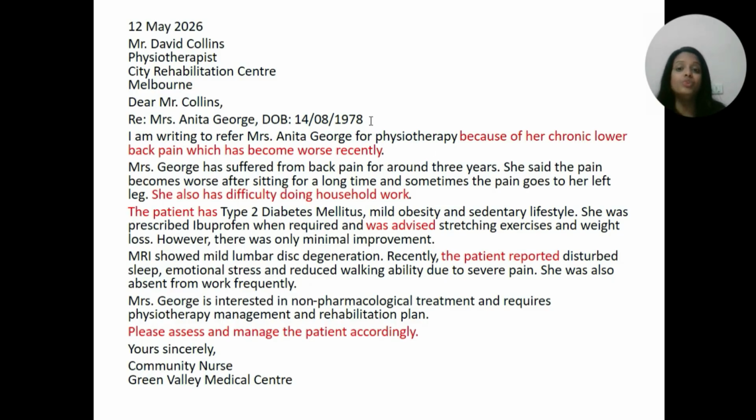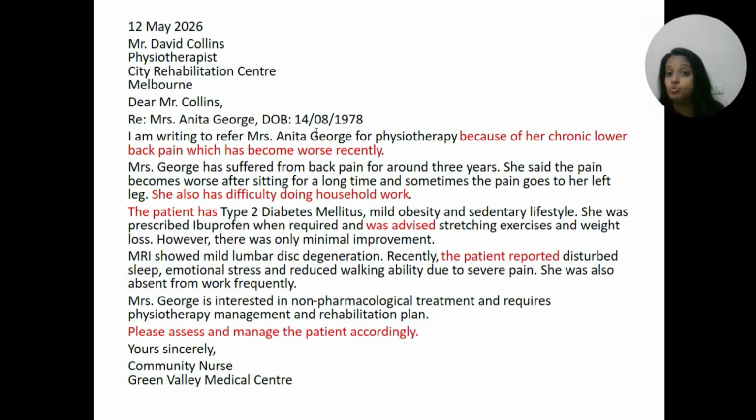And the third one is vocabulary range. You can look at the structures like the patient reported, was advised, the patient has. These are correct, but it sounds kind of repetitive, right? Grade A responses use more variation. They will use smoother transitions and more natural clinical phrasing.